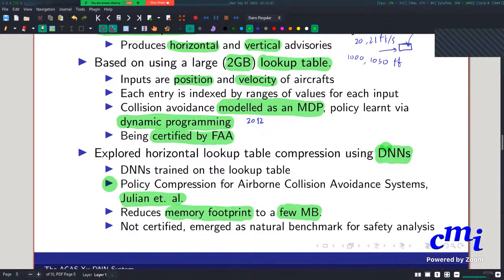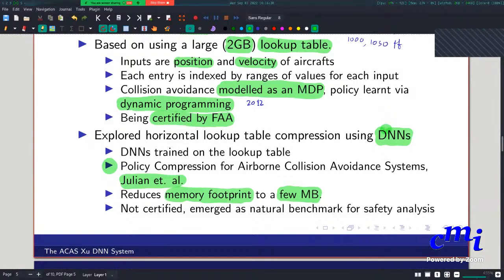And because the DNNs are by their design continuous, they're actually smoother. There's no rigid boundary at which the advisor suddenly switches, which is the case with the table situation, right? So the DNN-based compression is actually smoother, and if you simulate it, if you run many tests on it, it seems to perform as well as the table, right? But of course, now this begs the natural question: does it actually perform as well? Is it actually safe?